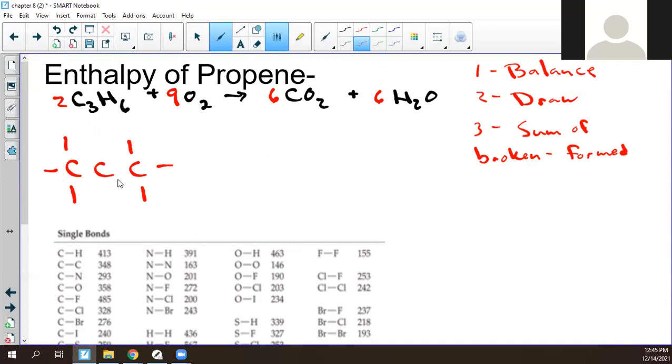Let's go. All right. So C3H6, if I remember right, looks like this. You okay with that? Okay. Plus, and there's an H on each one of these. Are you all right with that? Okay. Plus O2, that's just O double bond O, right? Goes to CO2.